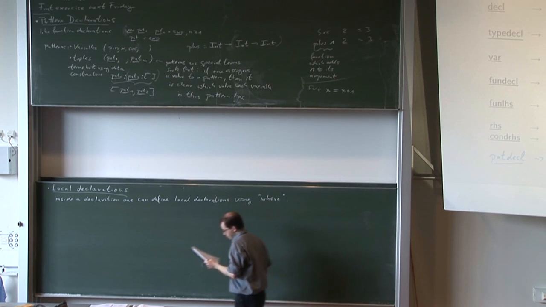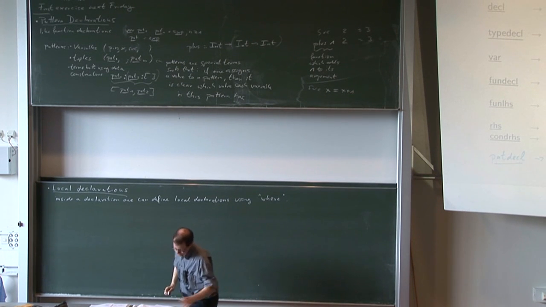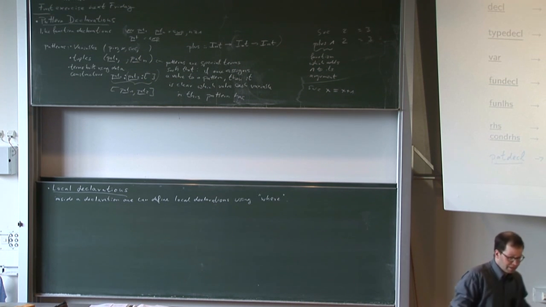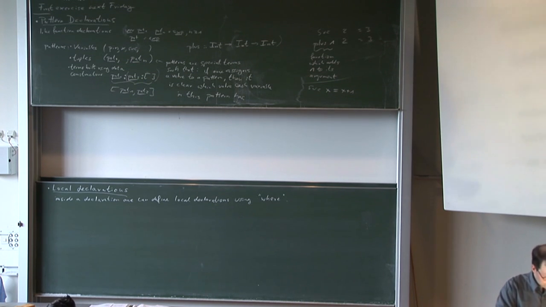So let's look at an example. Now maybe before we look at an example, let's add this to the grammar. So I modify this grammar again, and I will show you where it is modified.